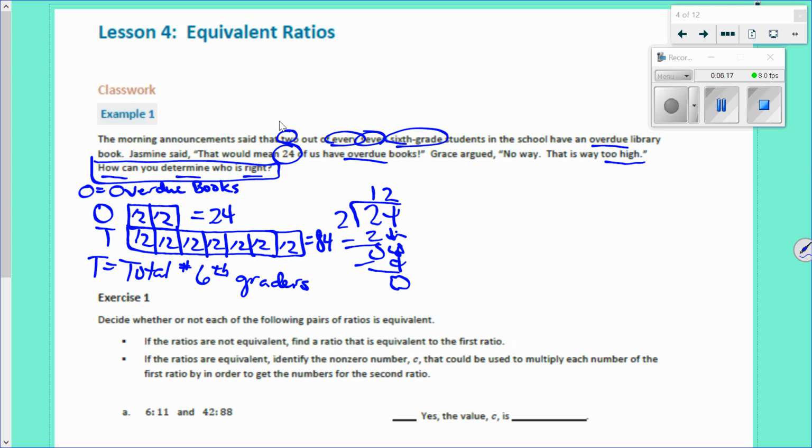Well, actually, let's go back to the question. How can we determine who is right? Good.